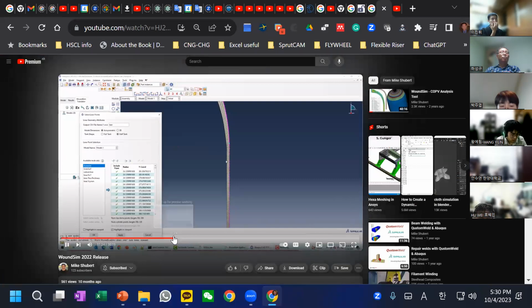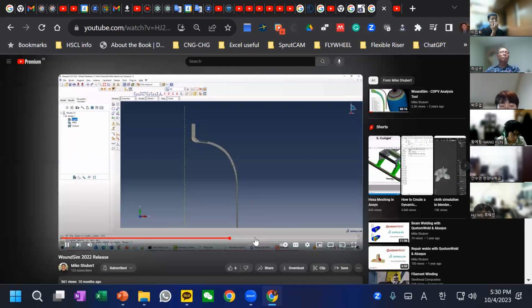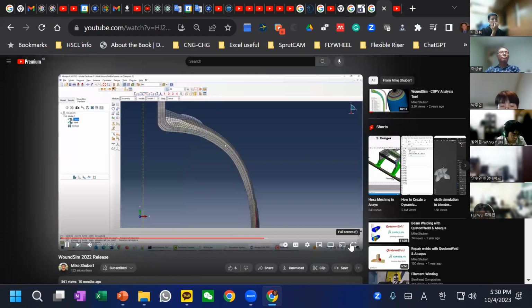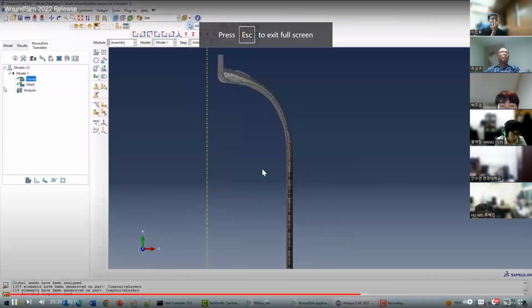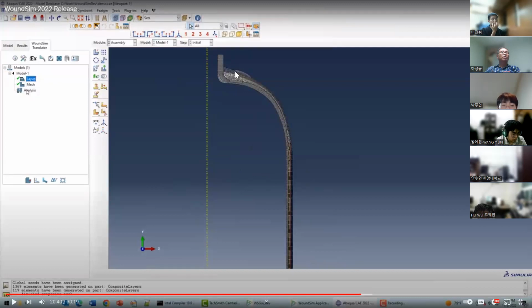I don't mean to go through all the procedure right now, but WoundSim, or WCM, can be used for all the geometry, and geometry means the thickness change, and along with the thickness change, the layup sequence will be different. So the material property and geometry are coupled in this case. This is a very interesting, very important view.